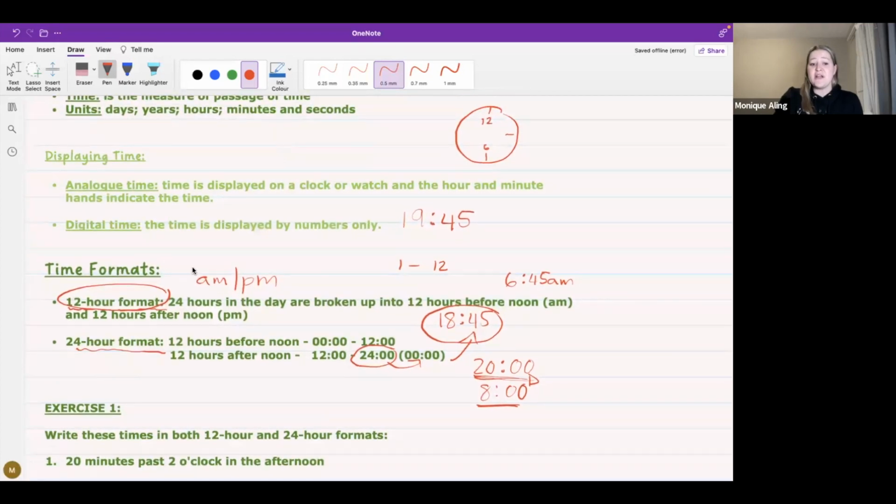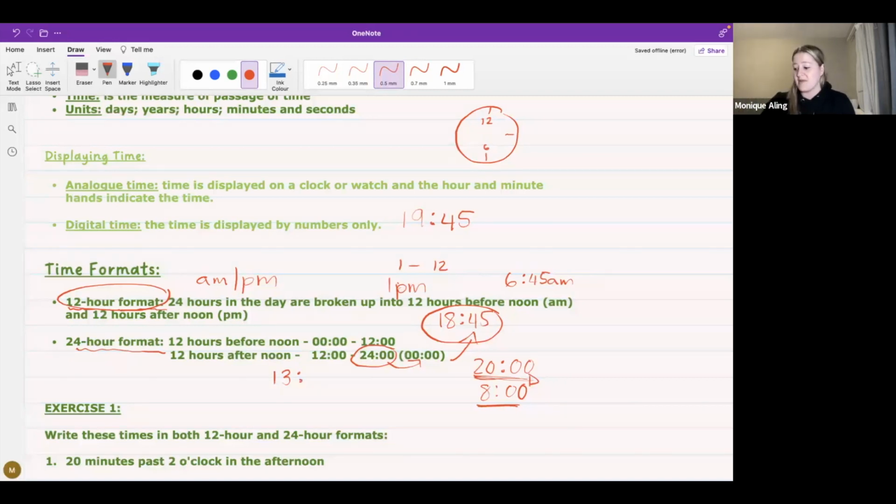So far, the only thing you need to remember now is our time formats. Don't stress too much about analog time versus digital time. 12-hour format, our clock only goes up to 12. So as soon as it's past midday, it's 12 o'clock, but when it hits 1 o'clock, you'll say 1 p.m. But with 24-hour, it goes past 12, so we just carry on counting.